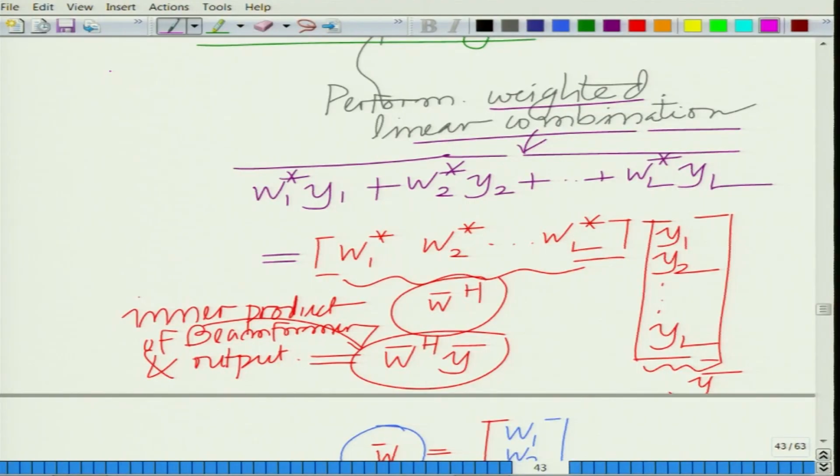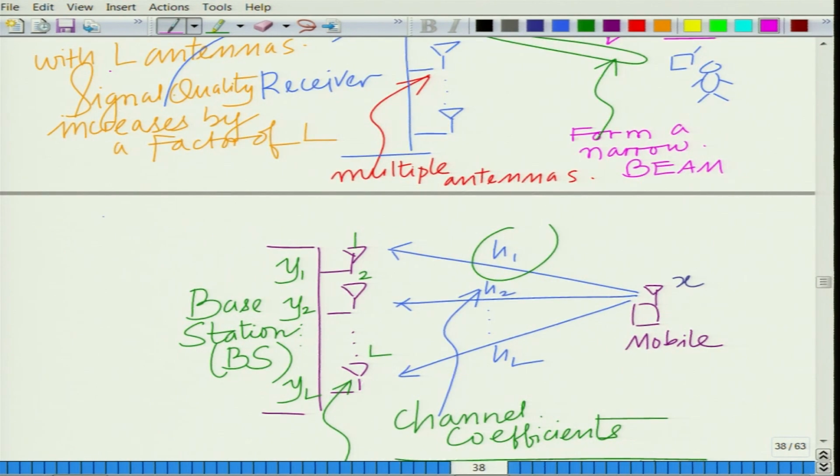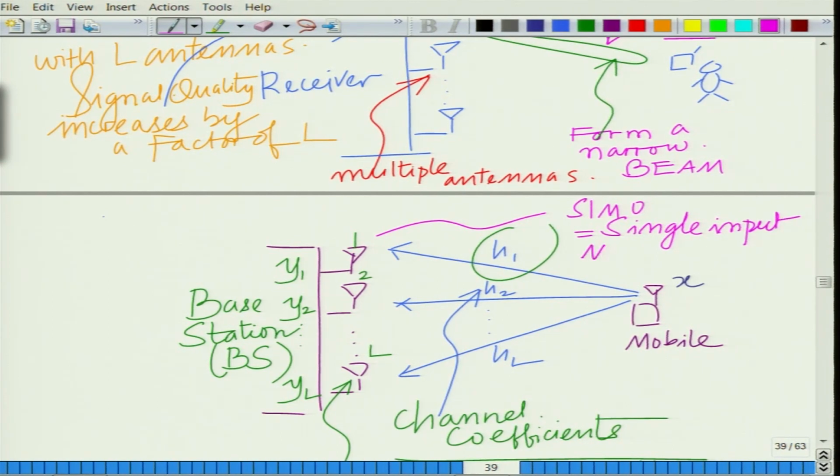So, you go all the way back over here, this is what is called a SIMO system, or a single input multiple output system, a very important class of wireless communication systems.